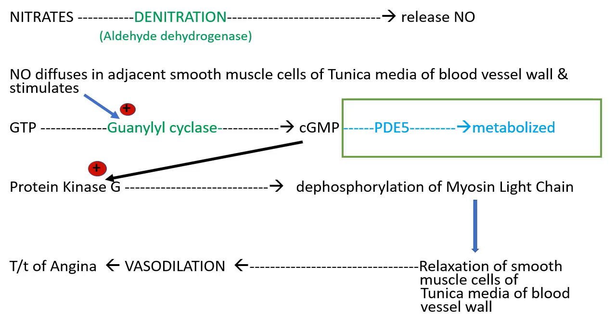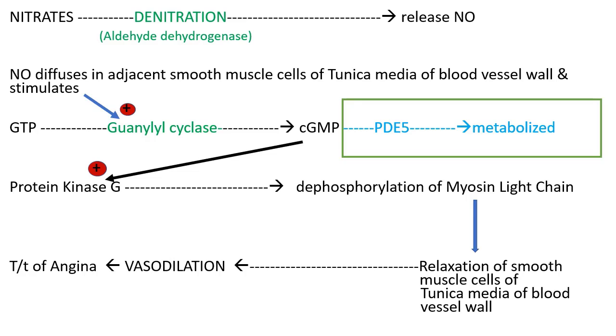Guanylyl cyclase stimulation helps in conversion of GTP into cyclic GMP. Cyclic GMP stimulates protein kinase G. Protein kinase G helps in dephosphorylation of myosin light chain.